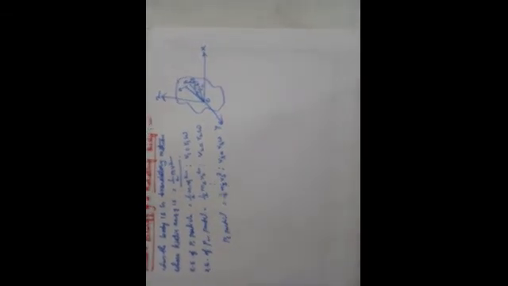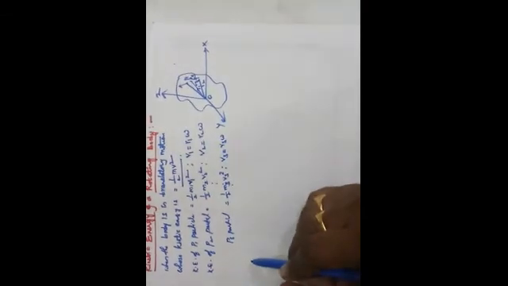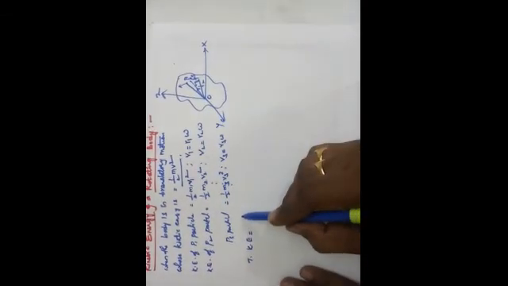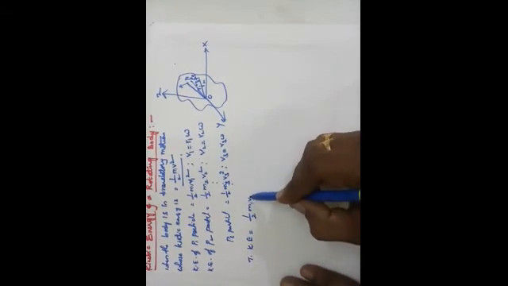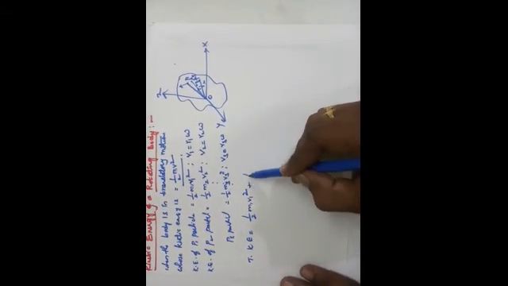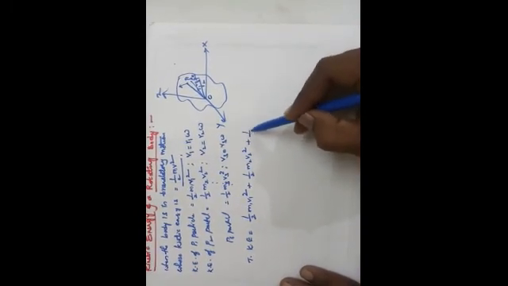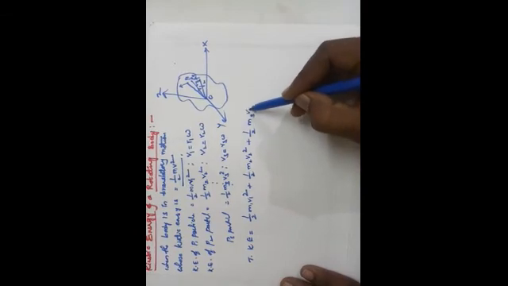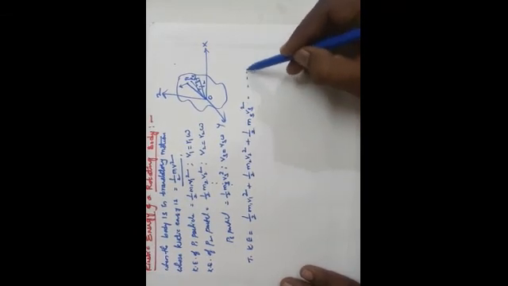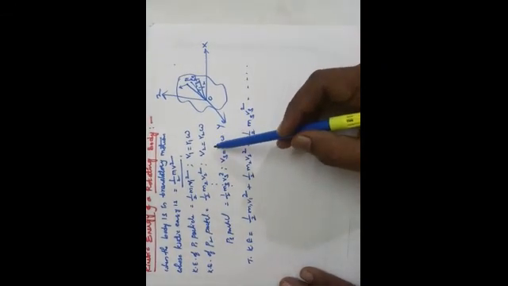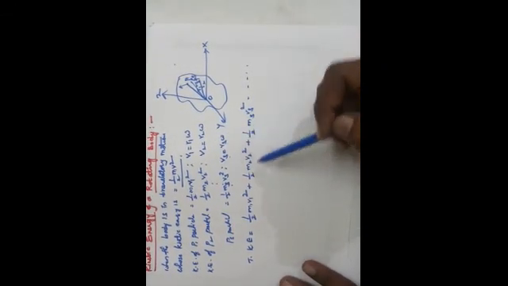Let us take the total kinetic energy, the sum of all kinetic energies, of the rotating body. The total kinetic energy is the addition of half m1 v1 square plus half m2 v2 square plus half m3 v3 square and so on. Let us substitute v1 equal to r1 omega, v2 equal to r2 omega and v3 equal to r3 omega in this equation.